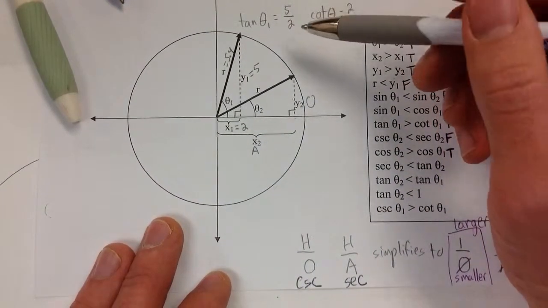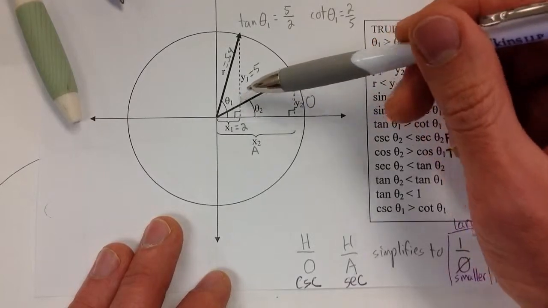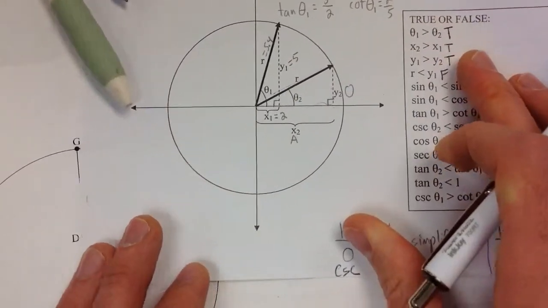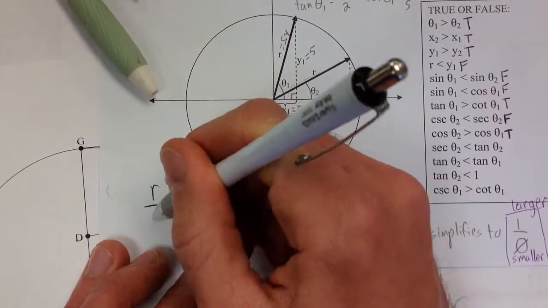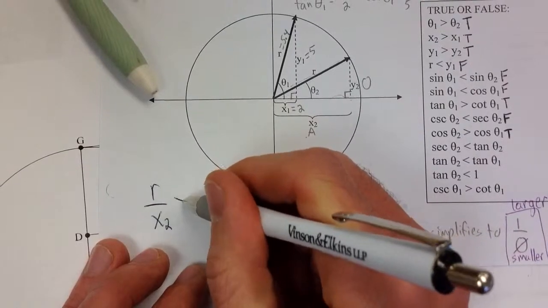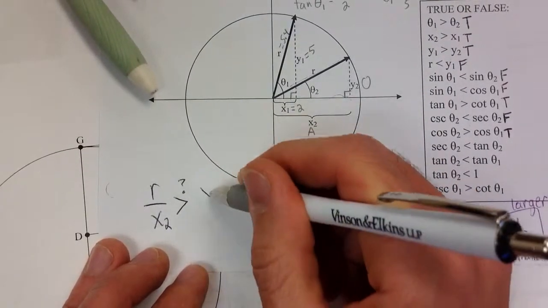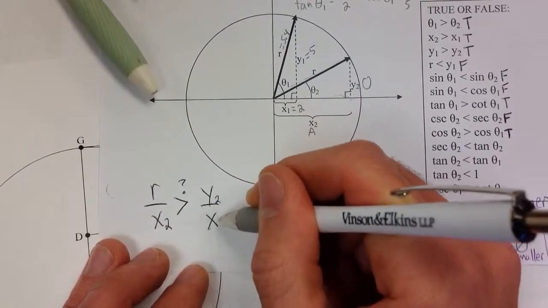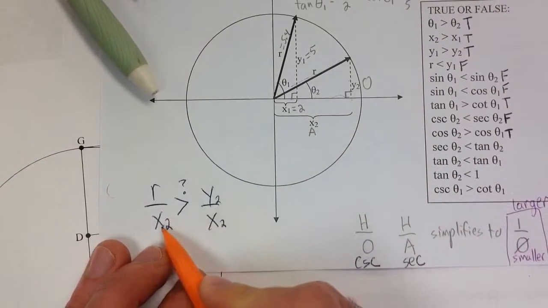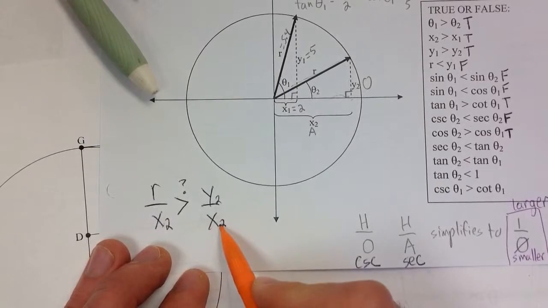So what you were saying is that the ratio of hypotenuse to adjacent, r over x2, is greater than y2 over x2. Like in a previous one, because you have this constancy here, you can ignore it.